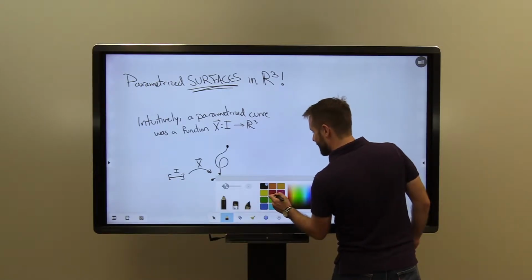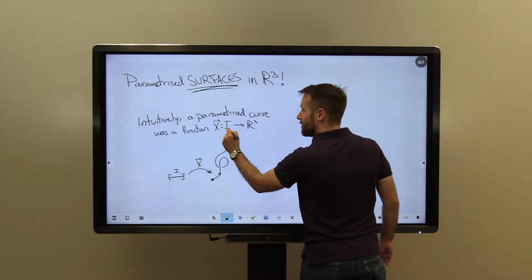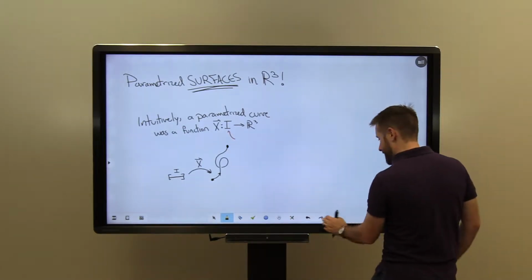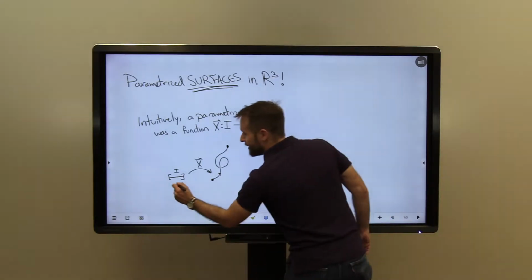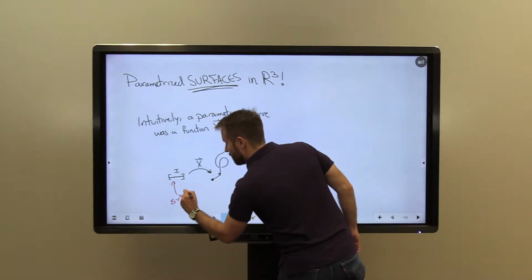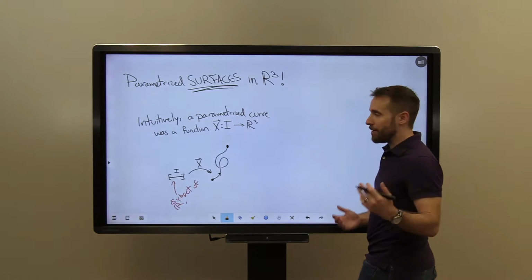The first is that this interval is a subset of R1, with a parameter t. I'll actually write this down here. So this was a subset of R1, a subset of the real number line.